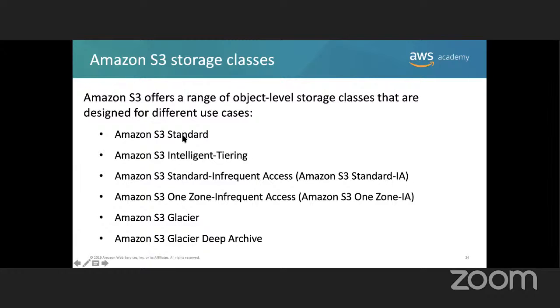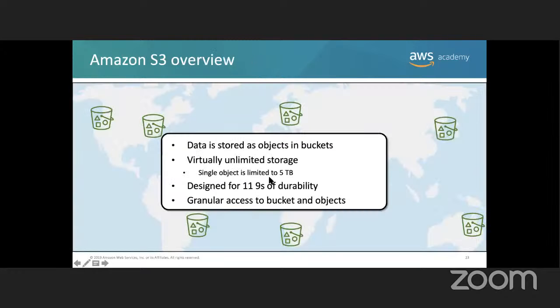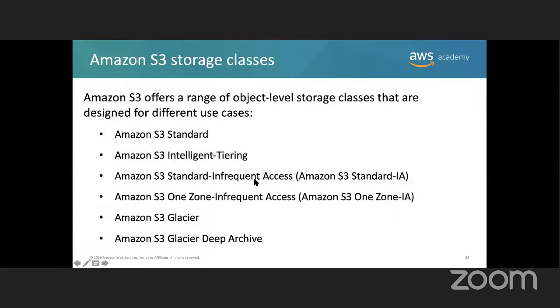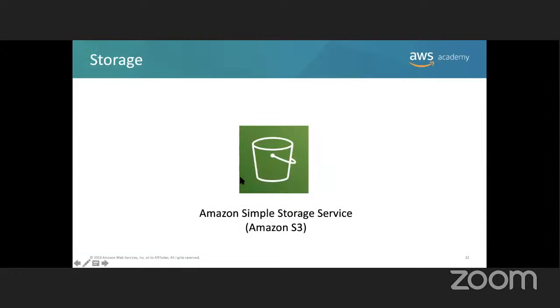The first one and the third one have the same durability, 11 nines, but the availability is different. As it is infrequently accessed, the availability is going to be less, 3 nines, 99.9. So the first one is 99.99 availability, and the third one is 99.9, 3 nines availability.